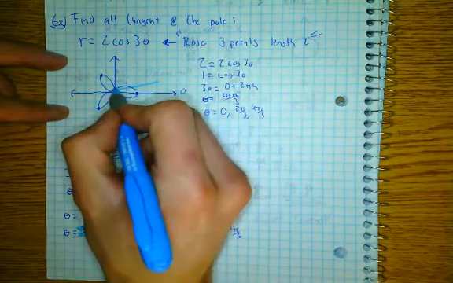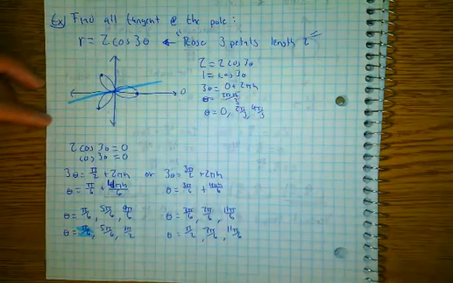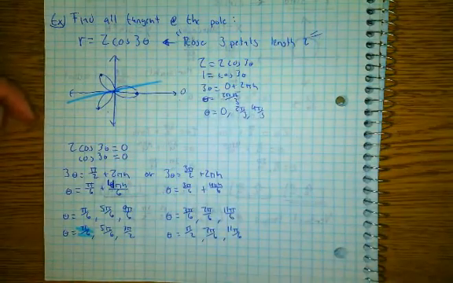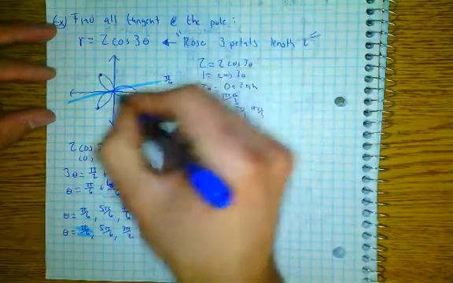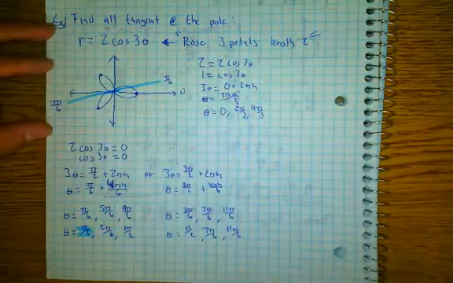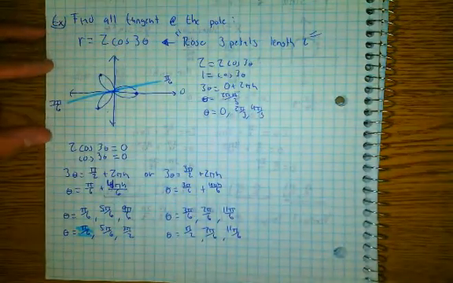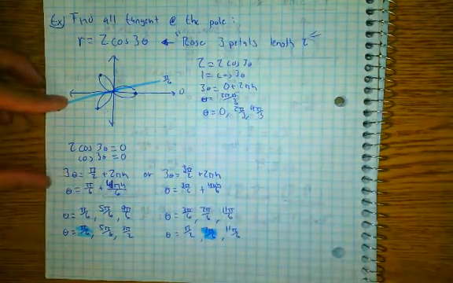So that would mean that I would have a line right there. But then if this is pi over 6, isn't this 7 pi over 6? So what I'm trying to say is that these ones are representing the exact same line.